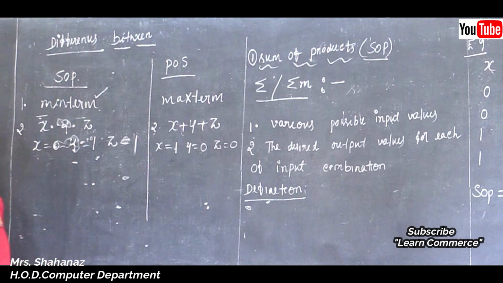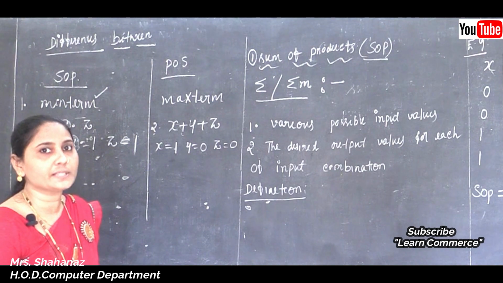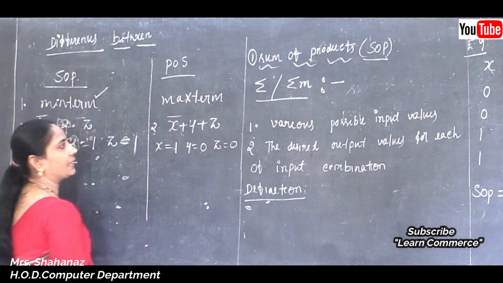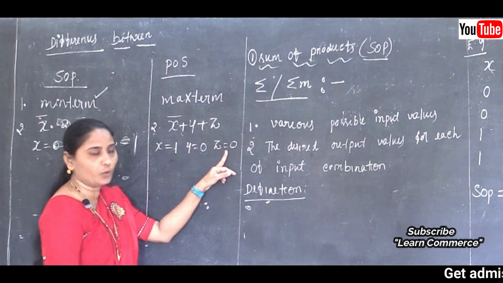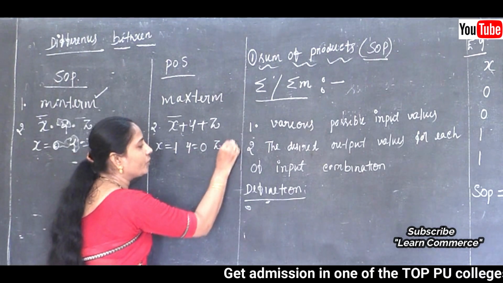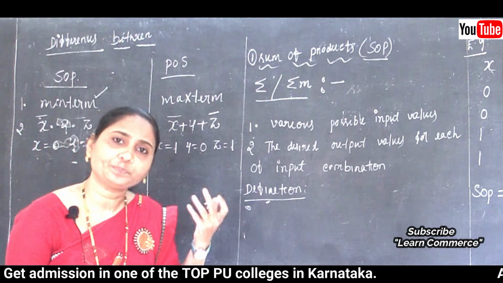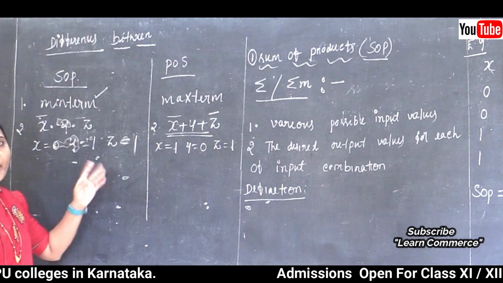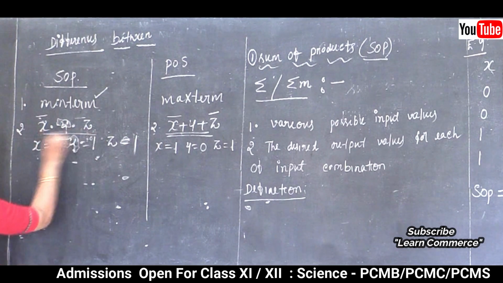Here we take the complementation where the value of the variable is 1, so the complement of x, but y and z are both 0, so we just take y and z as they are. If z is equal to 1, then we take the complement of z. So this is the answer for the max term and this is the answer for the min term.